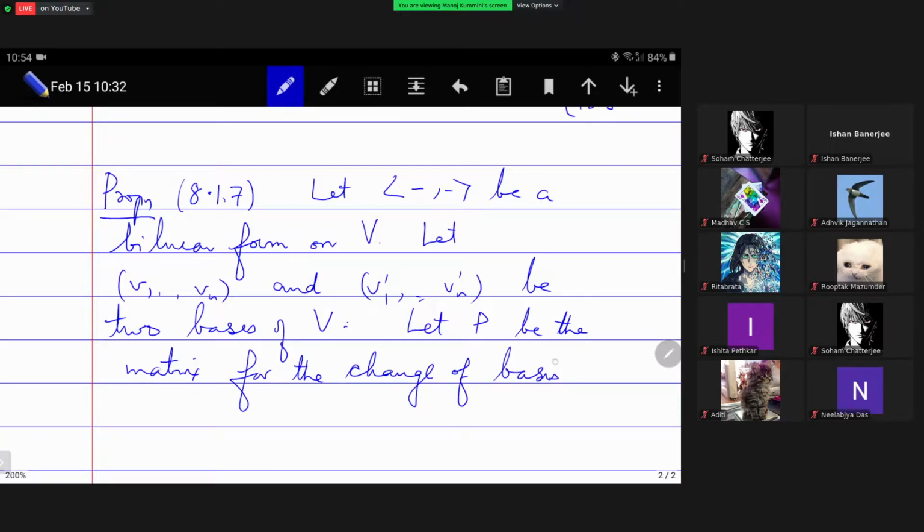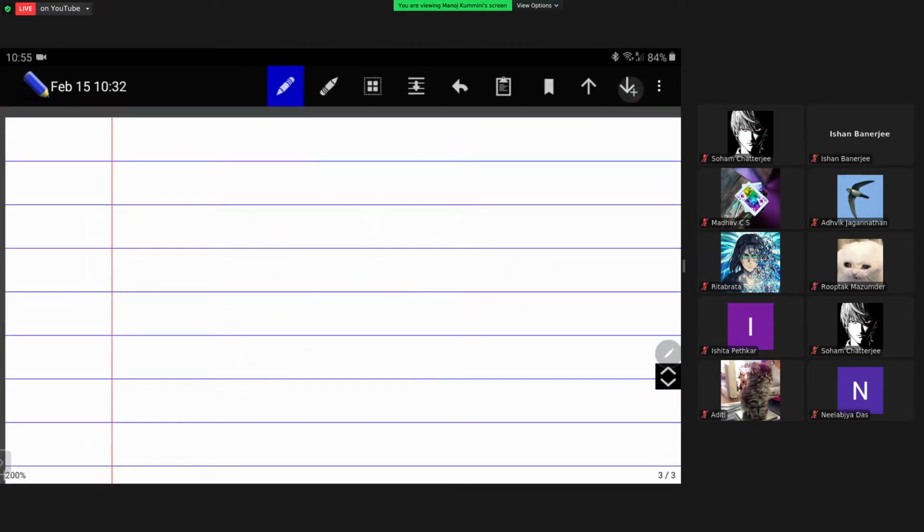So what it means is, if you take any vector and write down its coordinates with respect to the v basis, and multiply by P, other way around. So I want to phrase it the other way around. What does this mean?